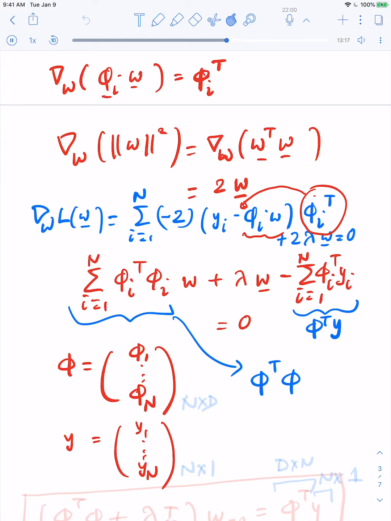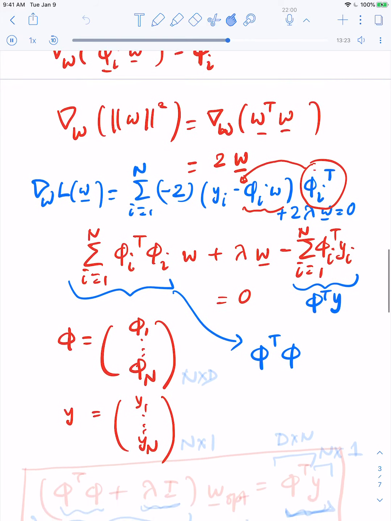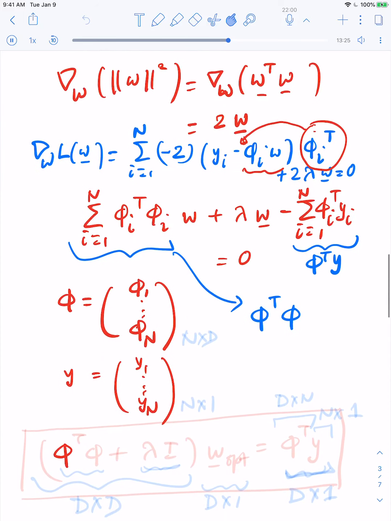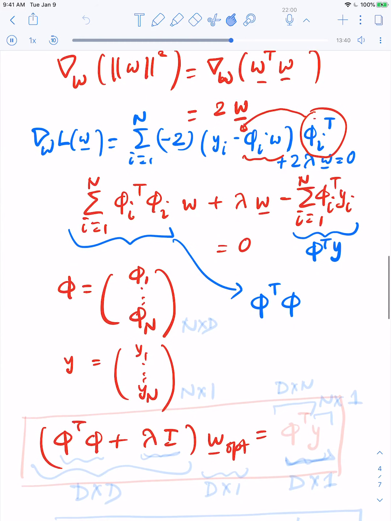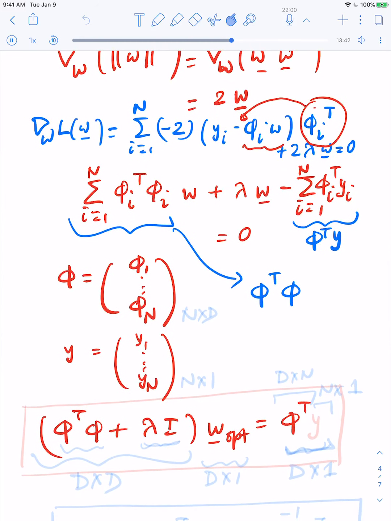So y is just a column vector of length n. And so the whole thing boils down to phi transpose phi plus lambda times the identity multiplying w. Let me call it w opt now. This is the optimum value, equal to, taking this term over to the other side, phi transpose y. Right? And that's my least squares solution.